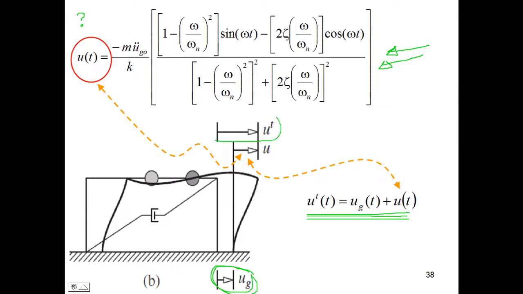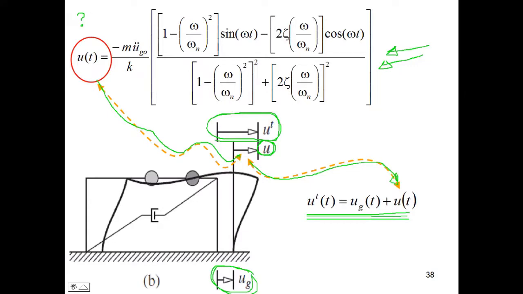The total displacement or absolute displacement of the mass, denoted by u t. And the relative displacement between the mass and the ground, denoted by u. Therefore, the above solution represents the relative displacement between the mass and ground.